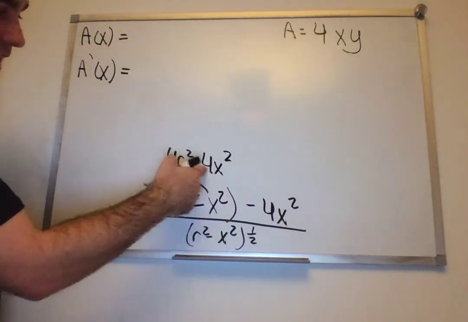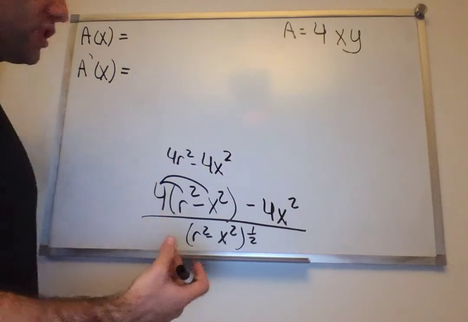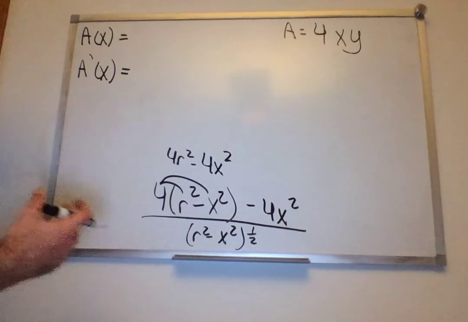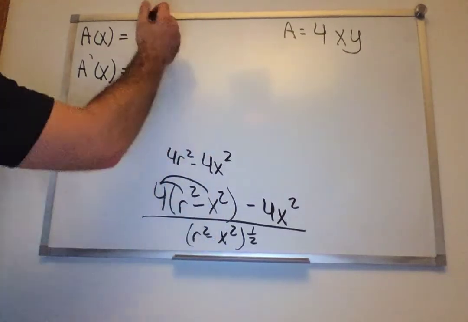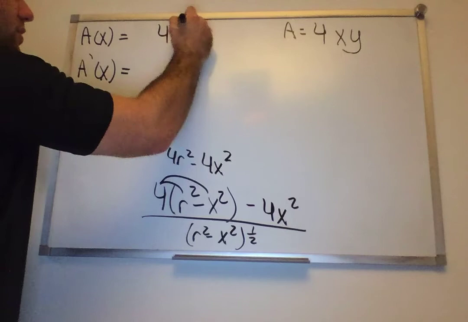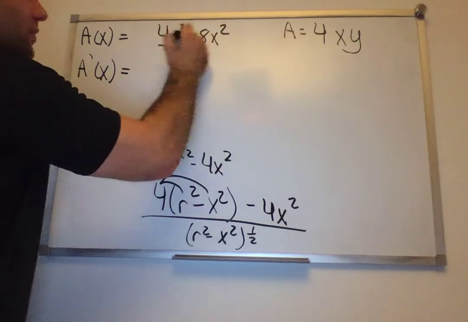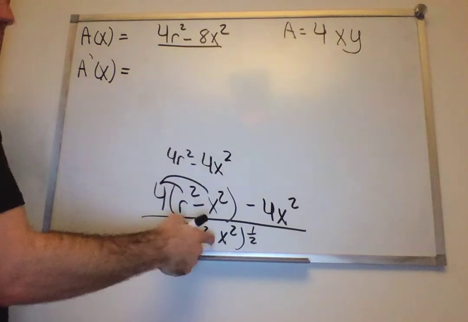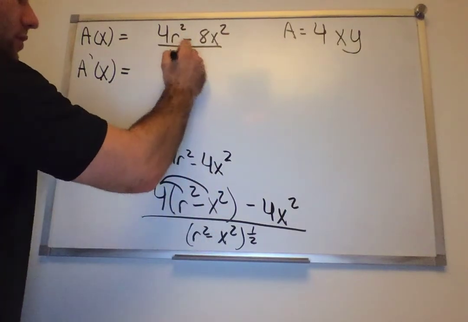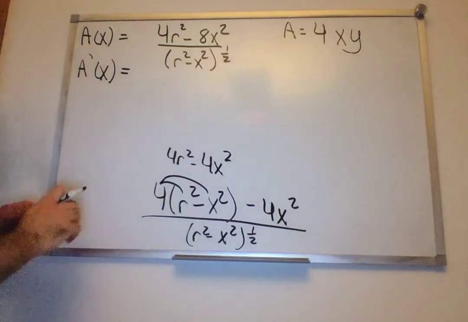If you look, negative 4x squared, another 4x squared, those are like terms. You could put them together and get negative 8x squared. So that's what I'm going to write up here. So we've got this 4r squared minus 8x squared divided by the denominator. R squared minus x squared to the 1/2 power.